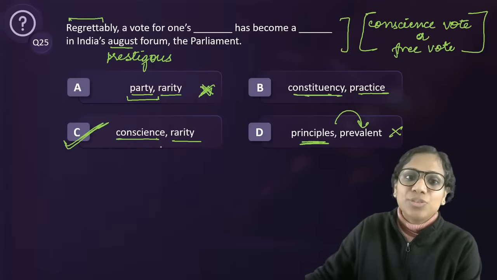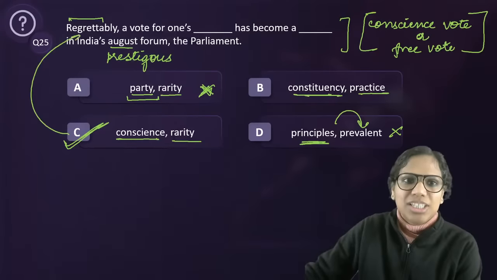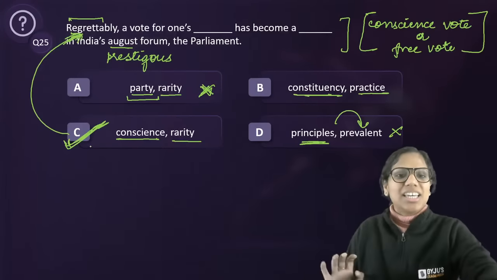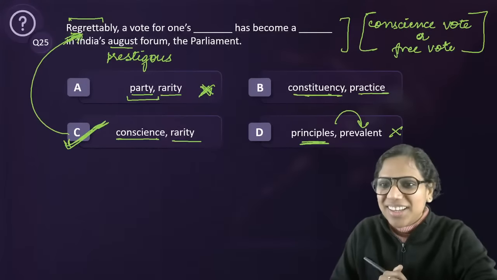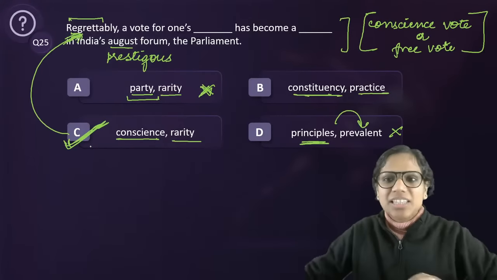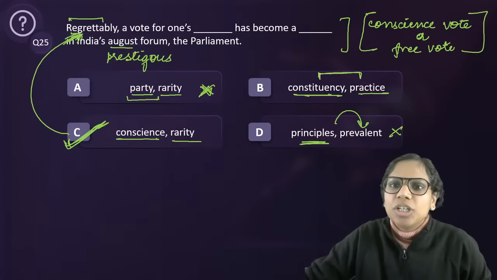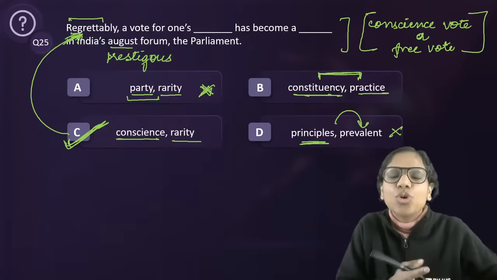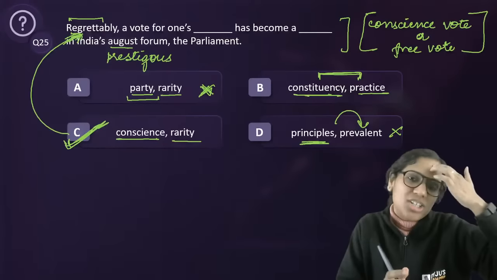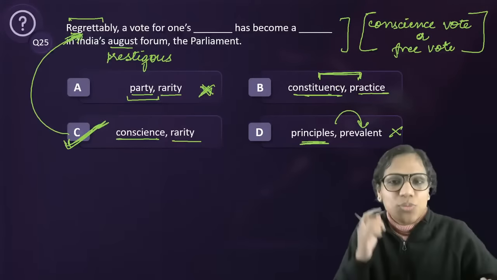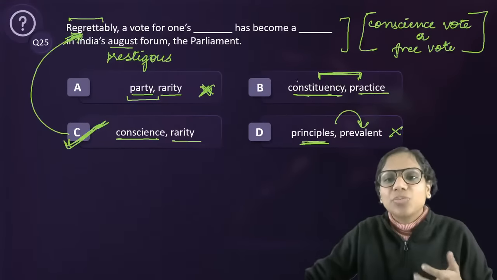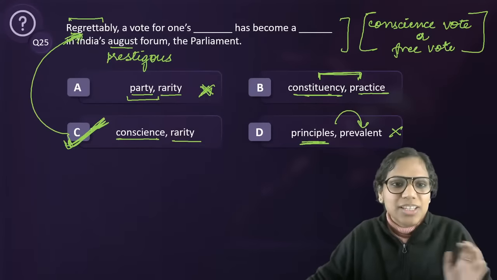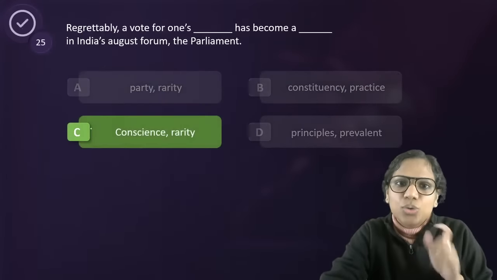So if that becomes a rarity, it's something to regret, isn't it? That's why C is the answer here. I hope this makes sense. This may not be a cause of regret really. If you are voting in favour of the people of your constituency, looking at their demands, then it's not really something that's regrettable as such. So C is the answer here. A good question, this one.